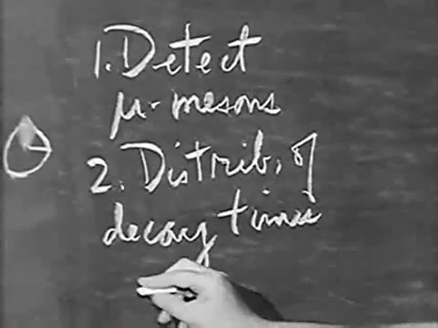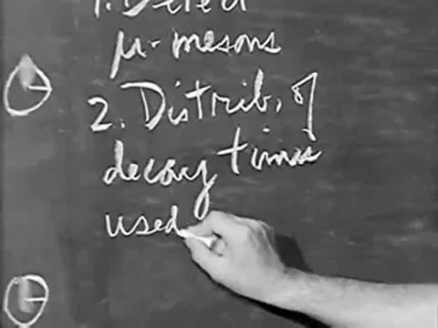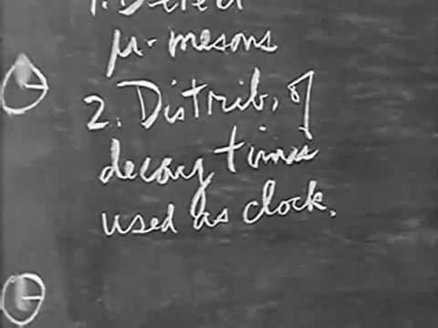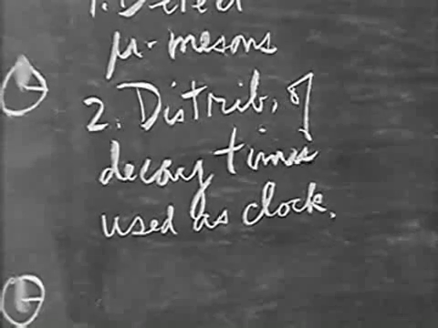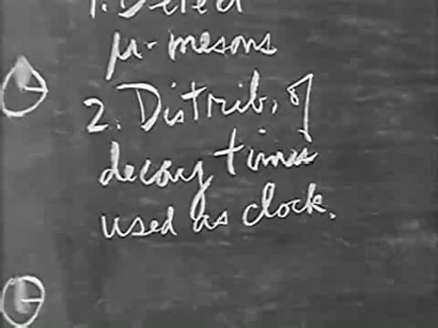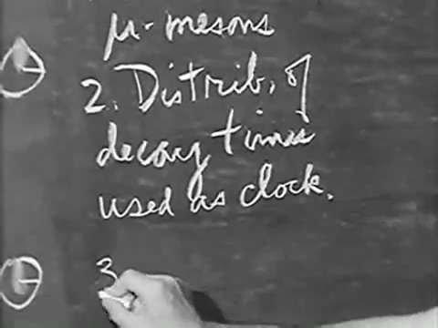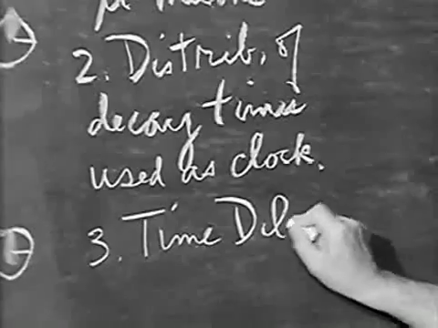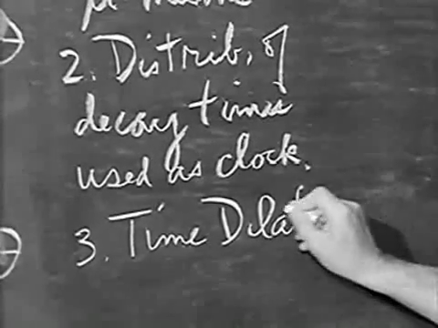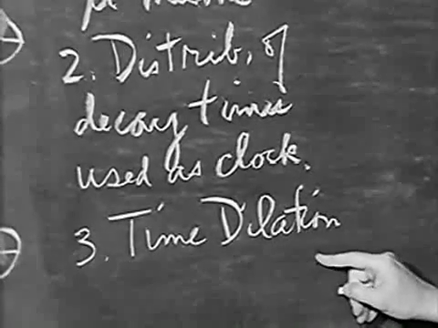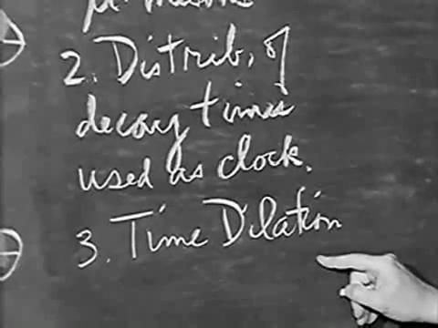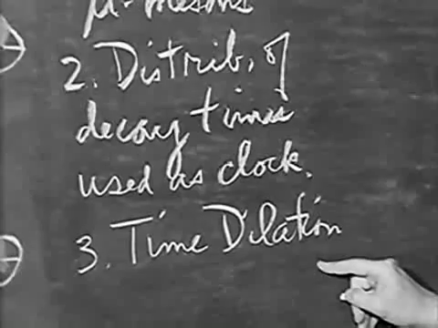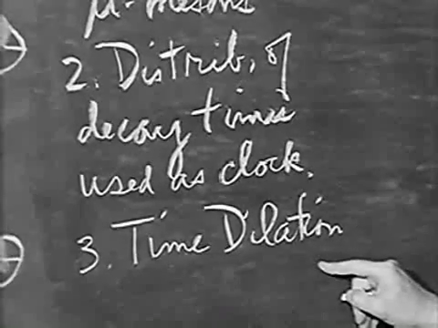So, distribution of decay times used as clock. Finally, we'll use these meson decay clocks to measure time dilation. We'll compare 2 measurements of a time interval, the measurement by mesons going at high speeds with respect to us, and the measurement by mesons at rest with respect to us.